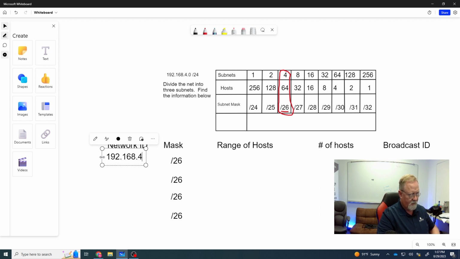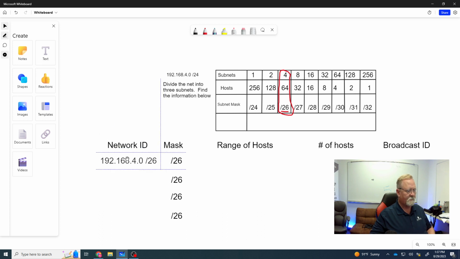The only difference is it's going to be /26 instead of /24. That is the difference. So our new network ID for the lowest possible address in this group is going to be 192.168.4.0/26. We've changed it up here from /24. This is the place that we're going to start.